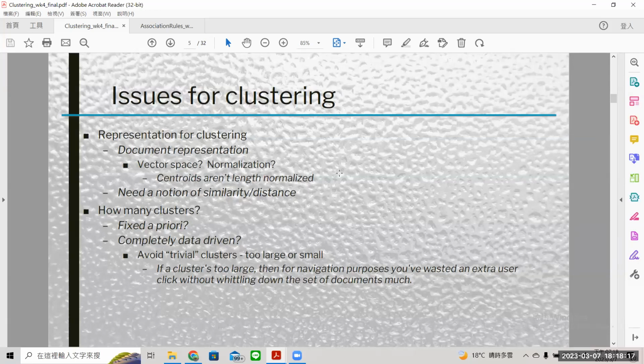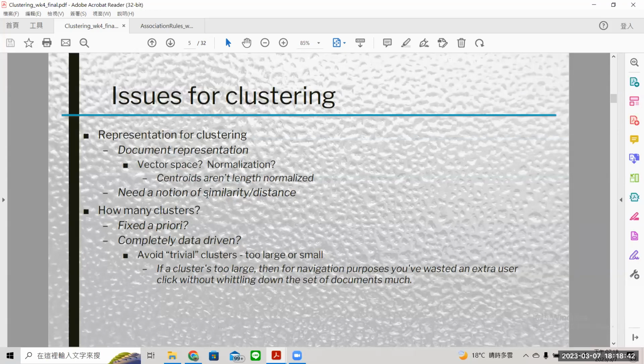So sometimes you need basic knowledge about linear algebra. And the centroid, sometimes you can call it the gravity center. The centroids are not normalized.